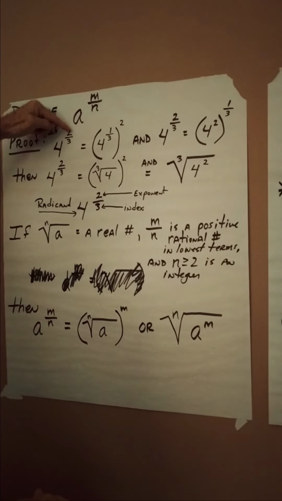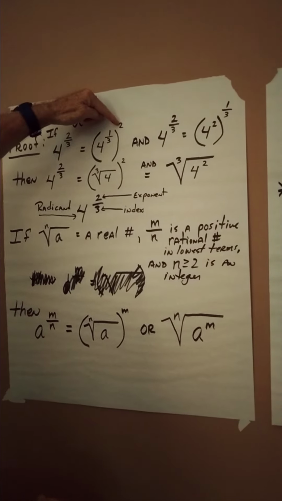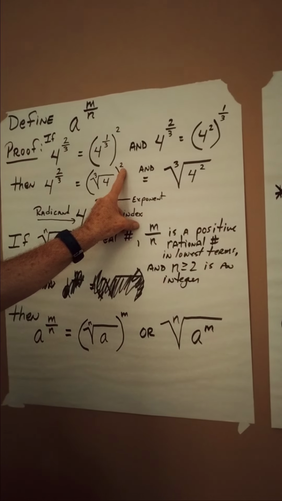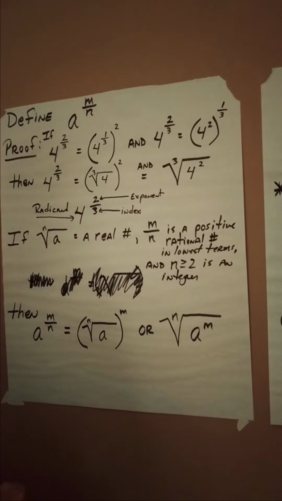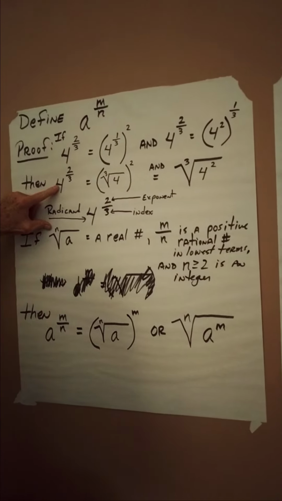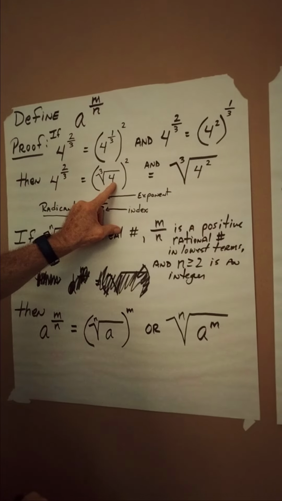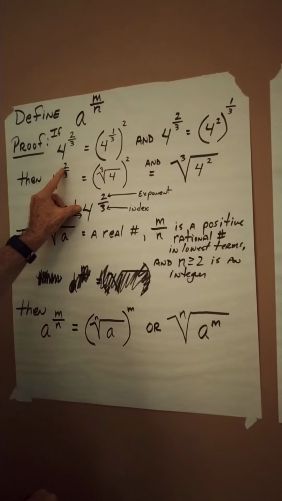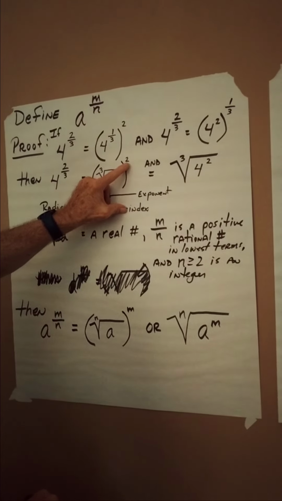This numerator is the exponent, and that exponent of 2 is placed right on the outside right there. 4 to the 2/3: 4, radicand. The denominator, index. The numerator, the exponent.